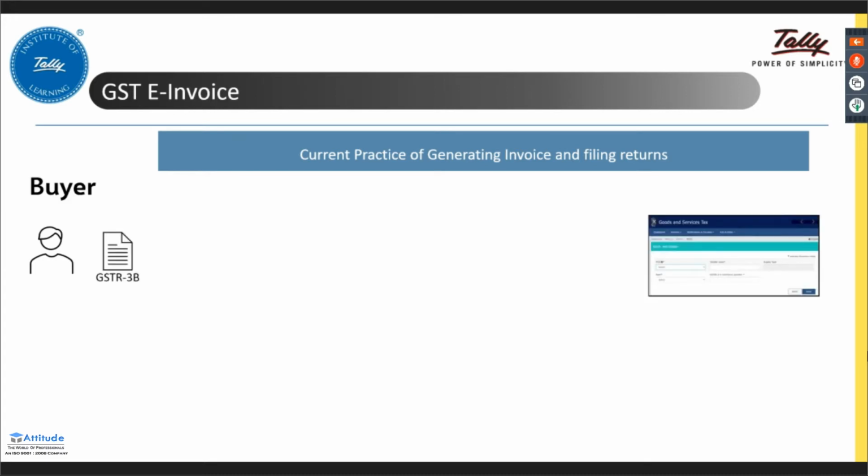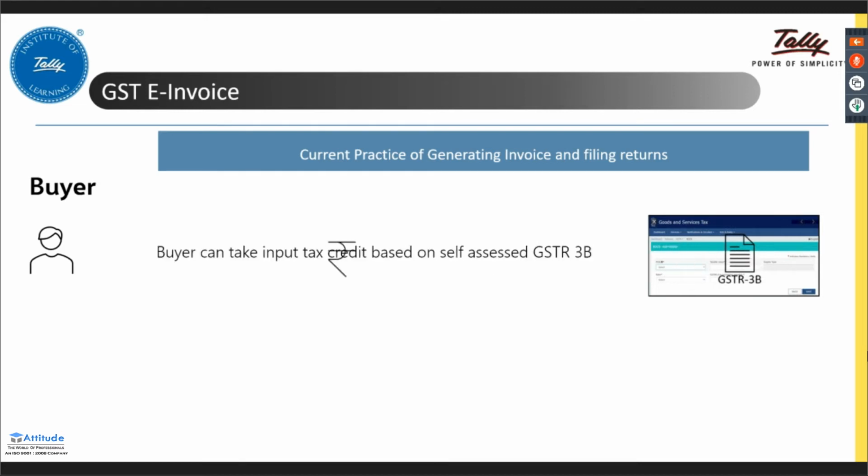Under the current practice of generating the invoice and returns, when it comes to the returns part, after the supplier uploads the GSTR1, GSTR3B has to be filed, right? A monthly return has to be filed, so that the buyer can take the input tax credit based on the self-assessed GSTR3B.